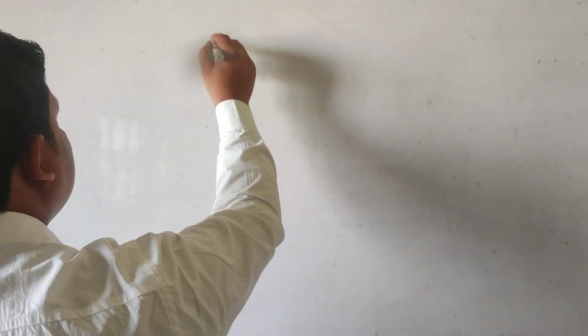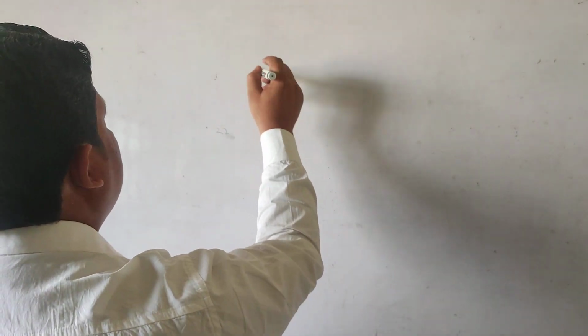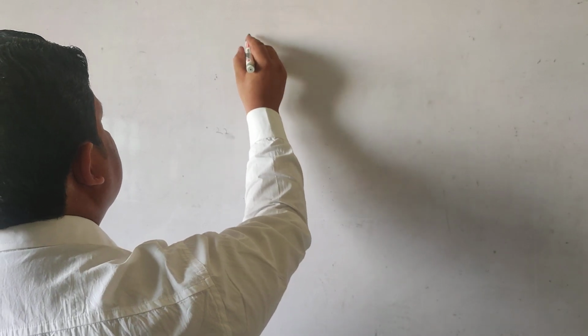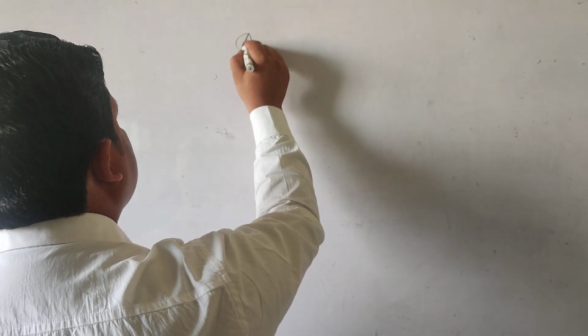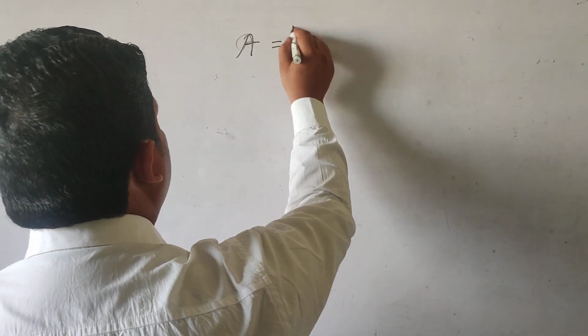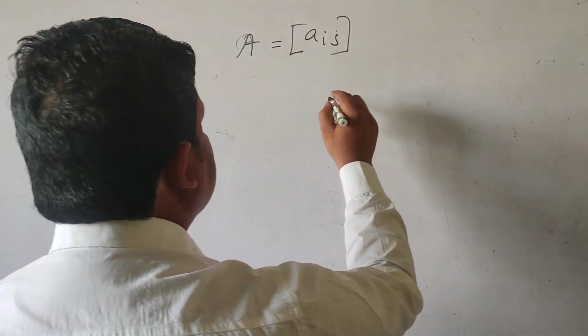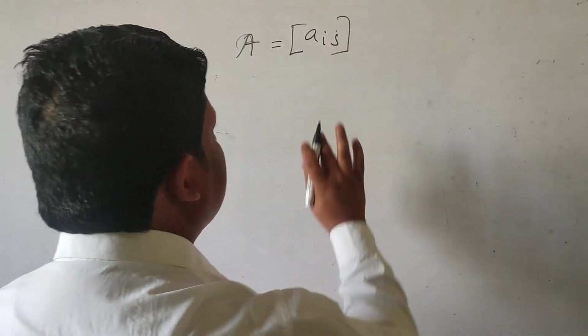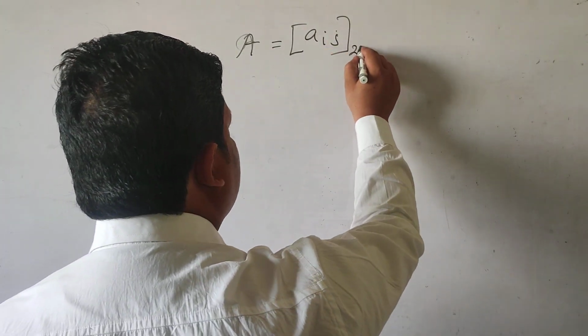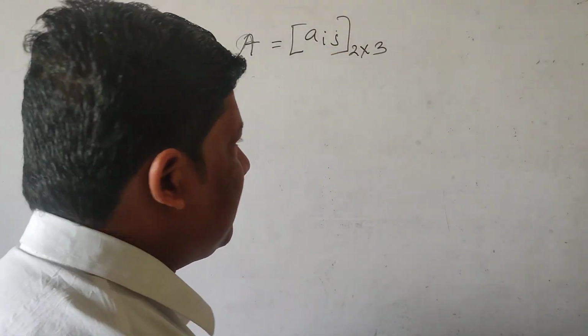Next, suppose you are given a matrix A whose aij is given, and you have to construct a 2 cross 3 matrix.